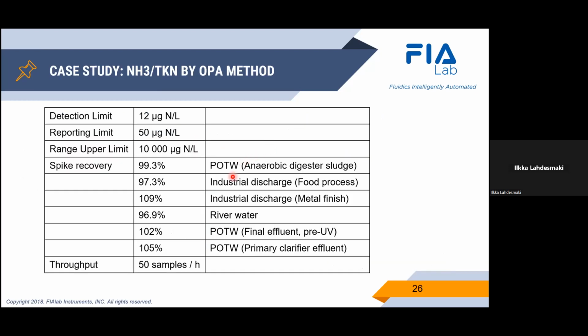And it had very, very good accuracy when we subjected several practical water samples for analysis on this method. Some of them were samples from different parts of water treatment processes, and some of them were naturally occurring water samples.